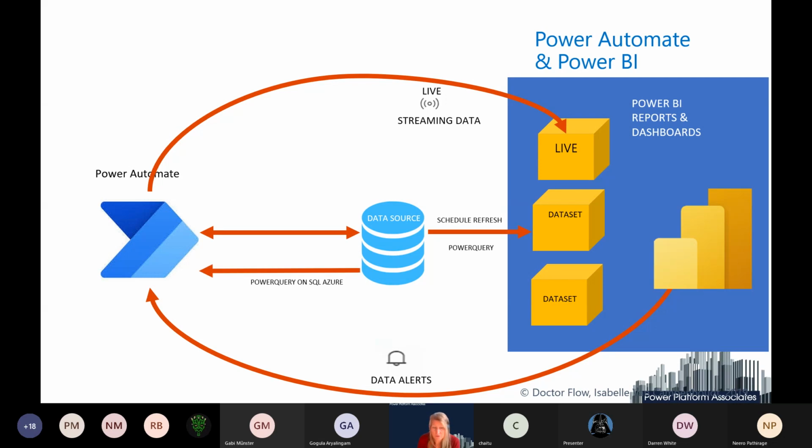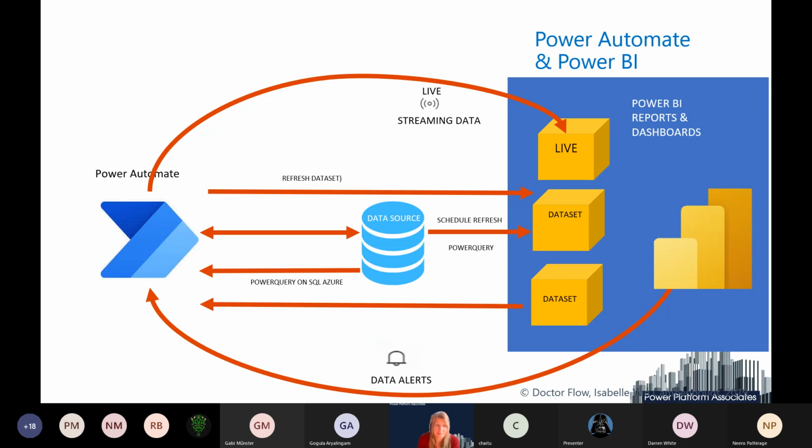There is a function to do some Power Query, but because of data flow, I guess, this function is only limited to Azure and is in preview for years now. It's working though. You can refresh your data set within Power Automate, which is interesting if you want to respond to some event, but you are still limited to the number of refresh that you are allowed by your license.